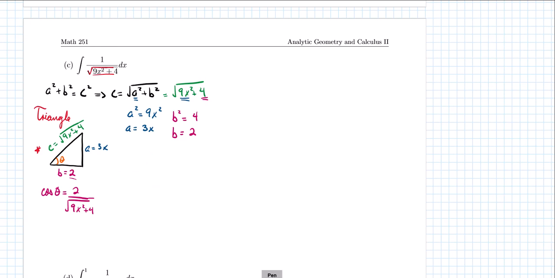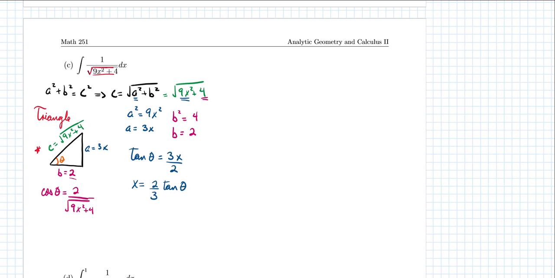Because if I use the tangent, I know that the tangent is the side opposite over the adjacent, so that way I avoid the complication of the hypotenuse with the square root of 9x squared plus 4. So I'm going to define my tangent here as, the tangent of theta is equal to the side opposite, 3x, divided by 2. So that way I can have an easier function for x. x is the same thing as 2/3 times the tangent of theta.